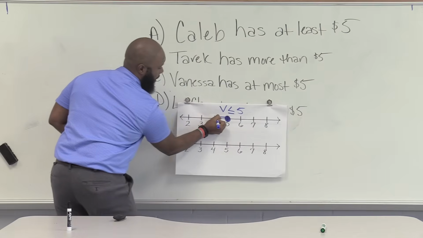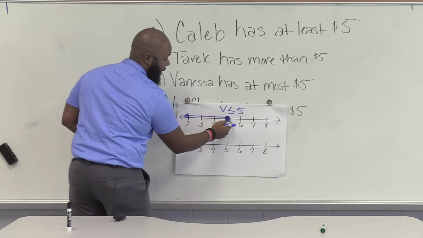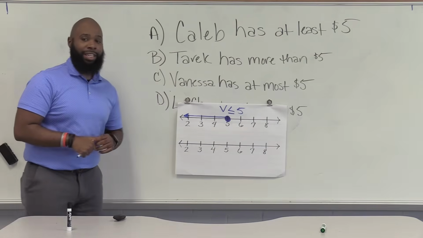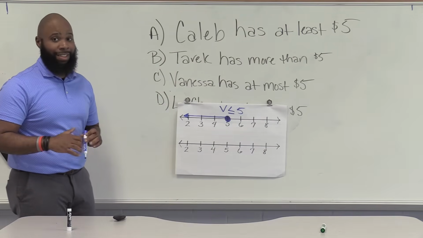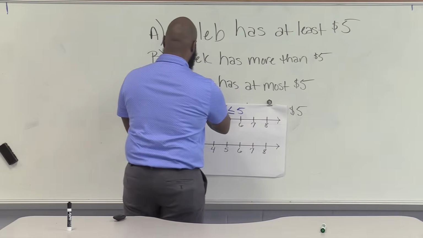And I'm going to do everything to the left of it to show that 5 and everything to the left, or smaller than 5, is included in these solutions. Y'all got that? Y'all are doing a great job. Let's do another one.